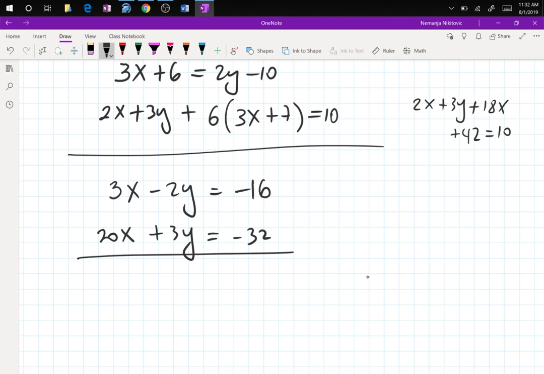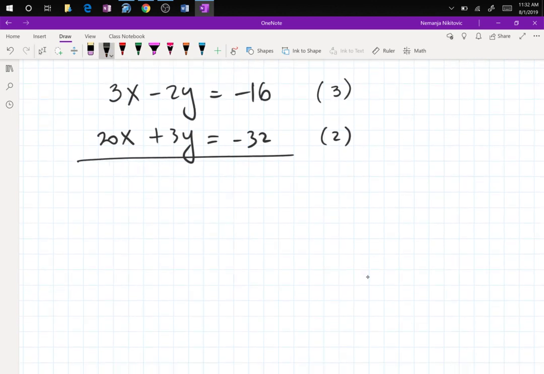Three doesn't go into 20, so we're going to abandon x and work on y. So that's going to be top equation times 3, bottom equation times 2. So the top equation becomes 9x minus 6y is equal to negative 48.